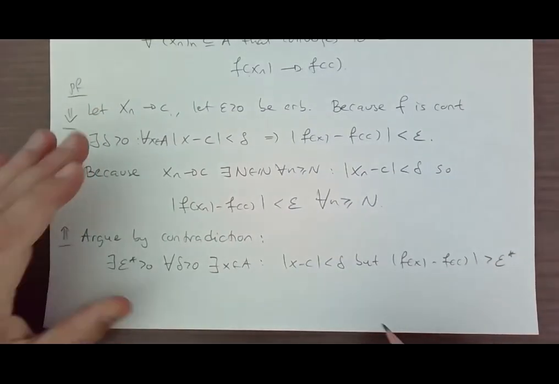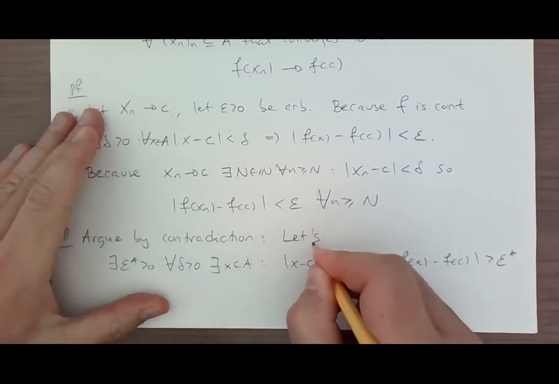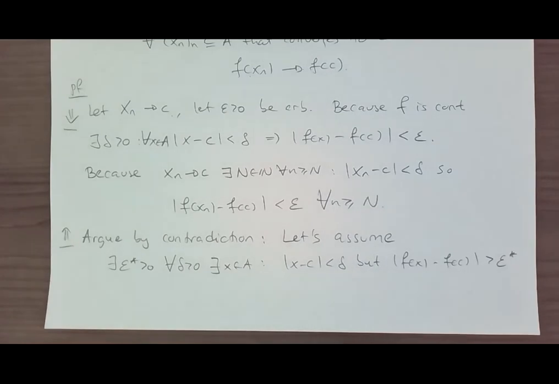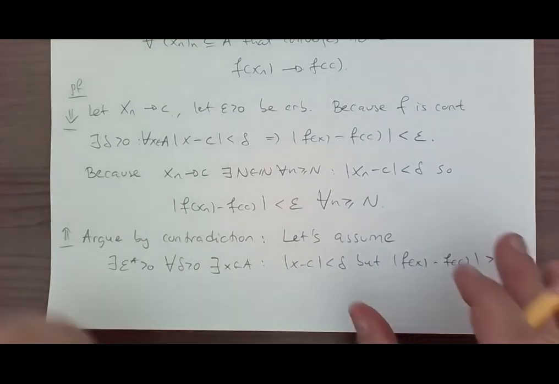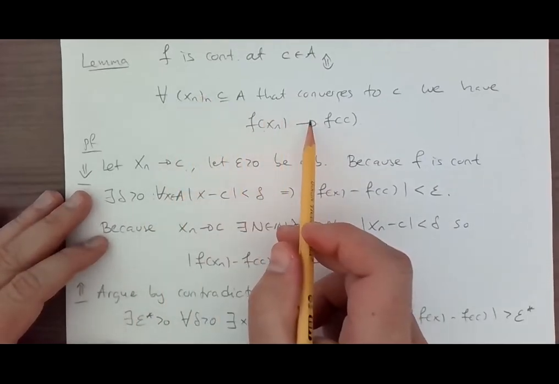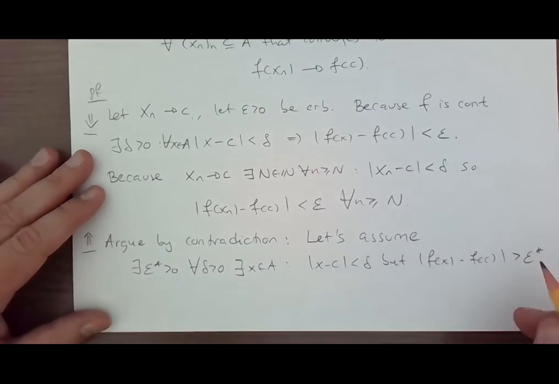So argue by contradiction, let us assume that this is true. And now we want to get a contradiction with the property that we have here. And how are we going to do that? So let us construct.